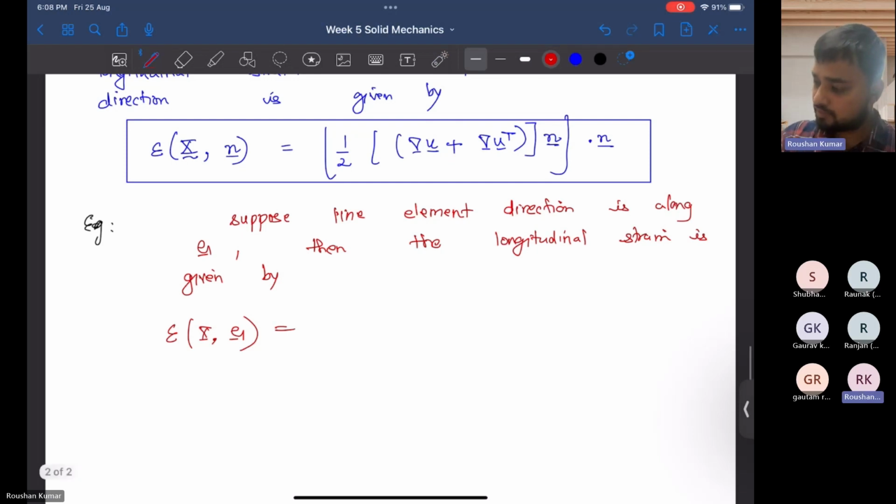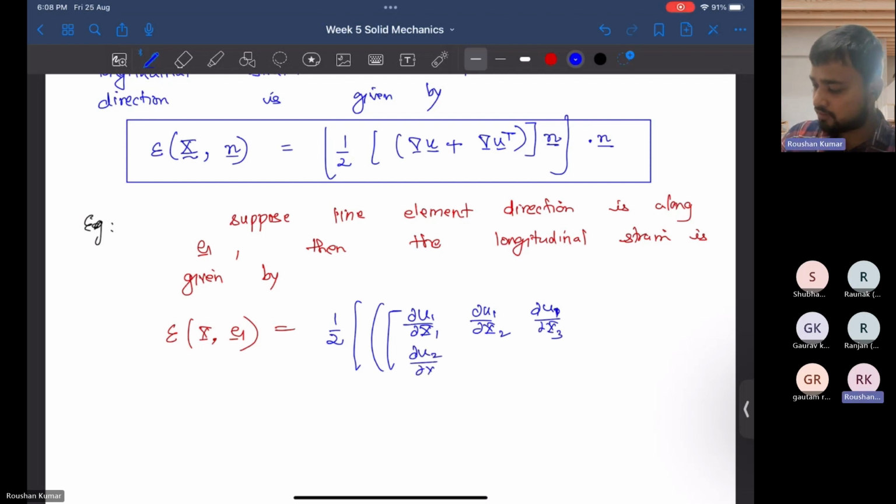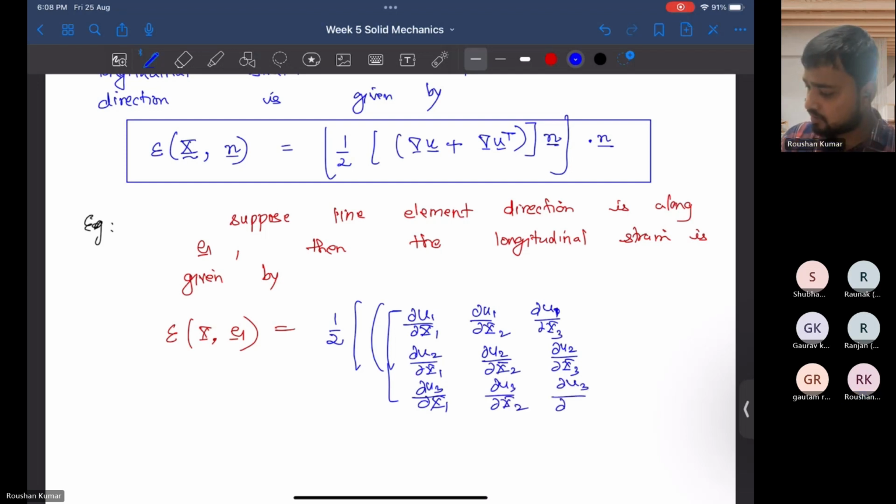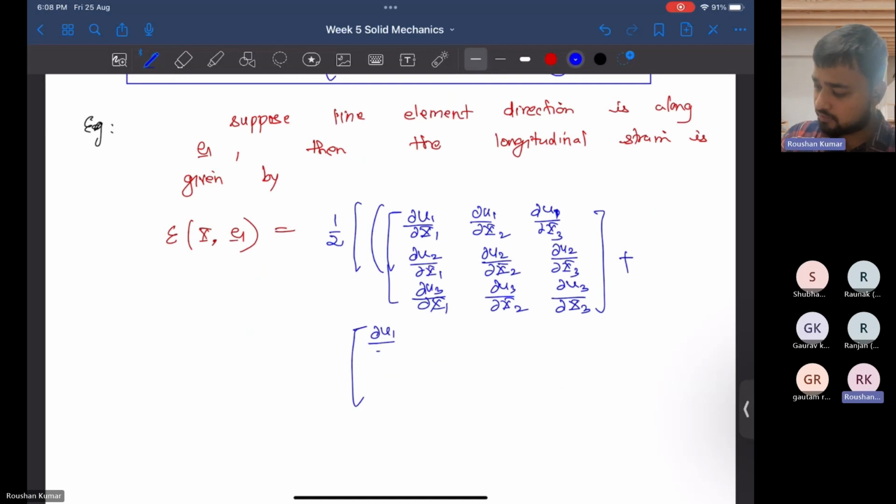The components give half of: del u1 over del x1, del u1 over del x2, del u1 over del x3; similarly del u2 over del x1, del u2 over del x2, del u2 over del x3; and in the same way del u3 over del x1, del u3 over del x2, and del u3 over del x3, plus the transpose of this one, that is del u1 over del x1, del u1 over del x2, del u1 over del x3, and in the same way you can write the rest.